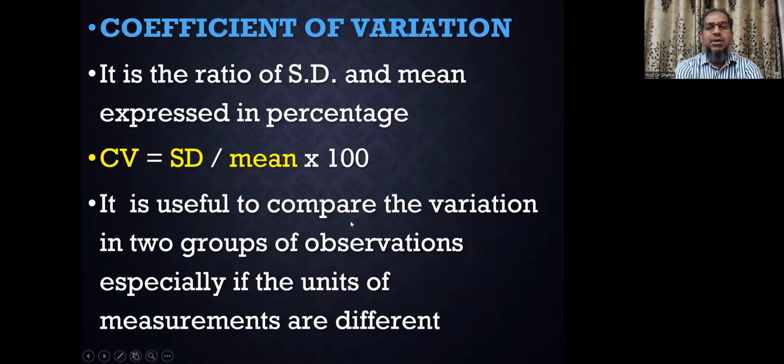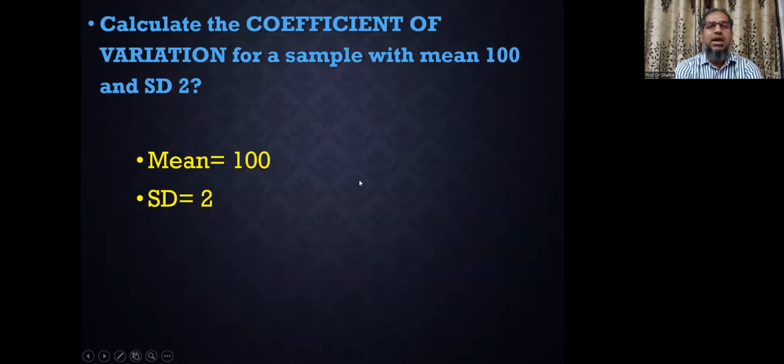So it is useful to compare the variation in two groups of observations, especially if the units of measurement are different. So we can compare two groups and find out the variation. Now here I have given a very simple example of calculating the coefficient of variation. What do we need to calculate it? The mean and the standard deviation. They have asked us to calculate the coefficient of variation for a sample with mean 100 and standard deviation 2.